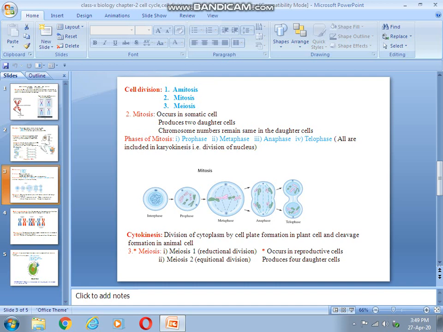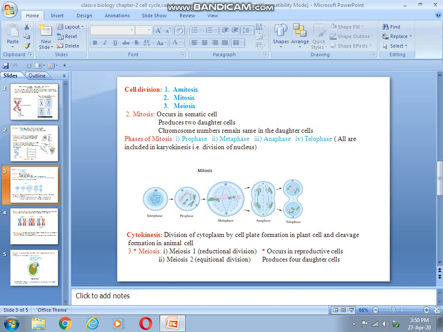As you know that our life started with a single cell, and the name of the cell is zygote. And now we have a lot of body organs, body parts, and we are increasing in size. Our body parts are also increasing in size. It happens due to cell division.